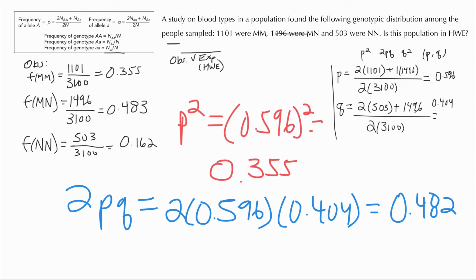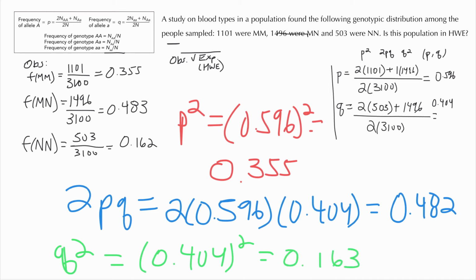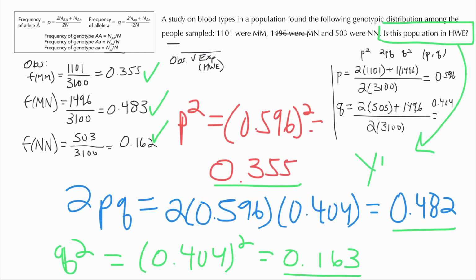And finally, we have our expected frequency of the NN, that's q squared, so 0.404 squared is 0.163. So we expect the distribution to be like that. And what do we see? Match, match, match. And the question asks you, is this population in Hardy-Weinberg equilibrium? And your answer would be yes.